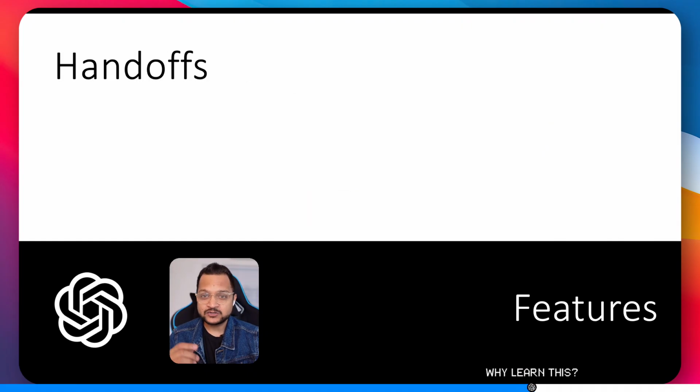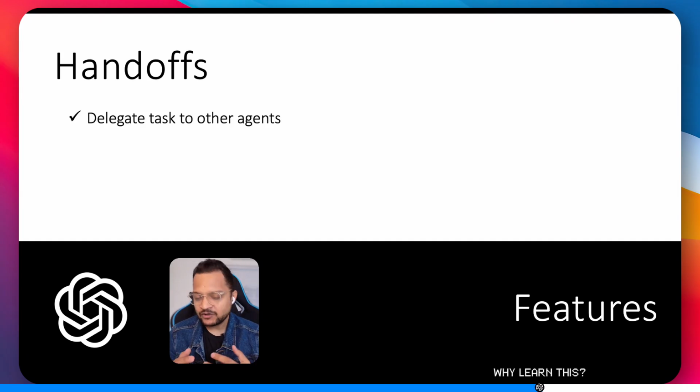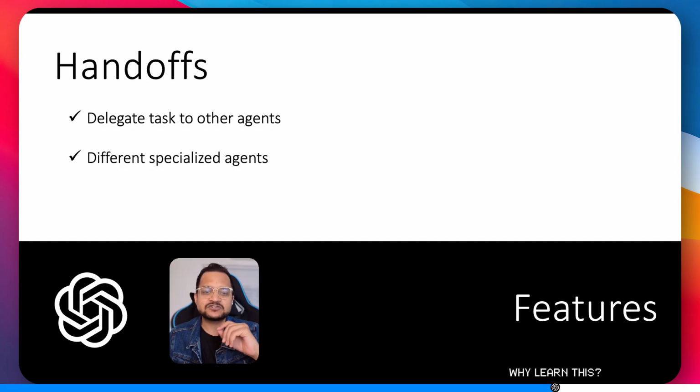Now, I have used this word handoffs many times. What is a handoff? A handoff is basically delegating a task to another agent. And why is this useful? Because every agent is specialized in a certain task.